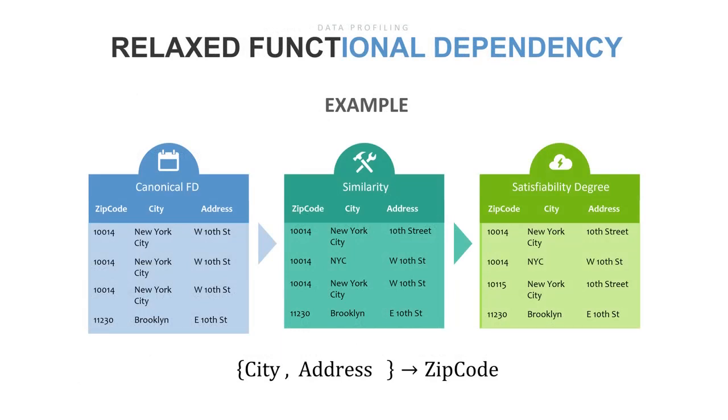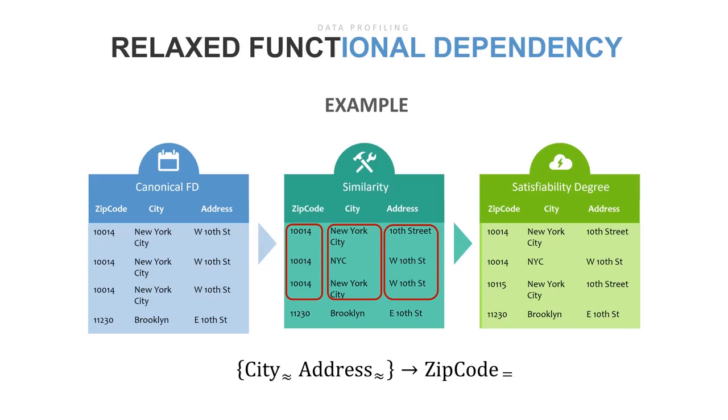This example, defined over the aforementioned context, can clarify the necessity to consider relaxed functional dependencies. In fact, starting from the canonical functional dependency city and address imply the zip code, in general, we should admit that tuples have been stored by using different abbreviations, here in the case of city and address.